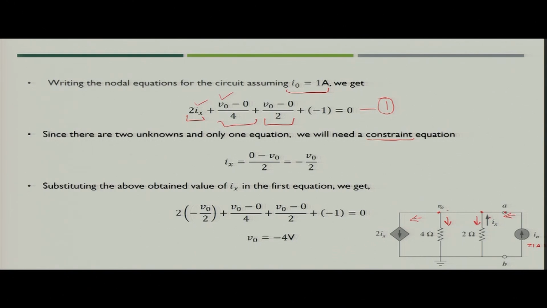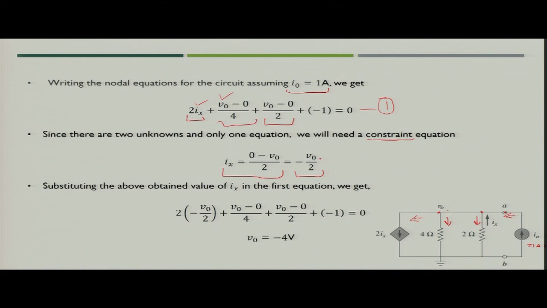The value of I x is nothing but minus of V naught by 2, because the direction of I x is opposite to the natural flow of current if voltage V naught has higher potential than the reference. So, this will become minus of V naught by 2.